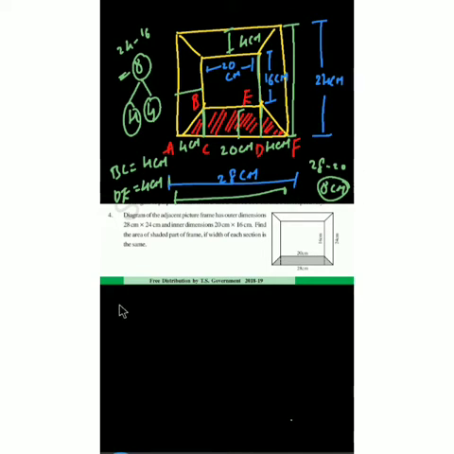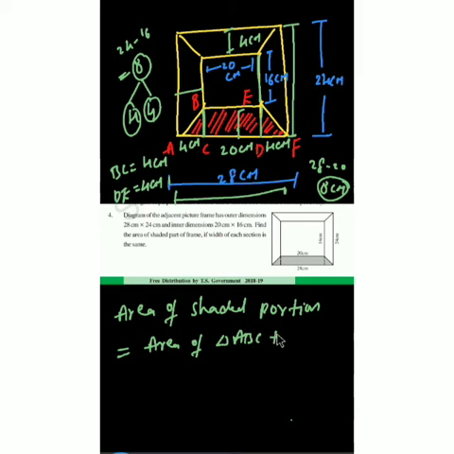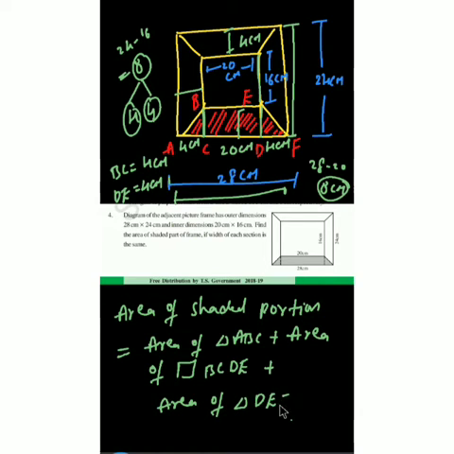The area of the shaded portion is equal to the area of triangle ABC plus the area of rectangle BCDE plus the area of triangle DEF.